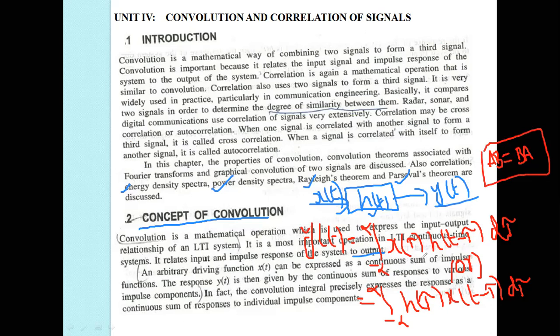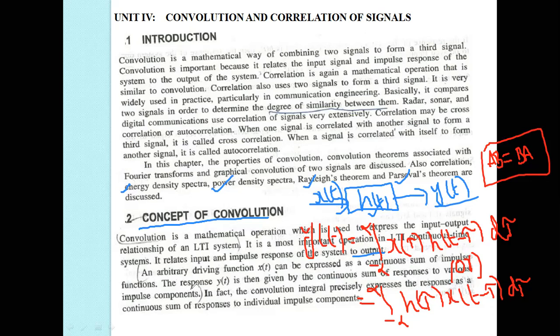Okay, the x of t can be expressed as a continuous sum of impulse functions. The response y of t is then given by the continuous sum of responses to various impulse components. In fact, the convolution integral precisely expresses the response as a continuous sum of responses to individual impulse components.